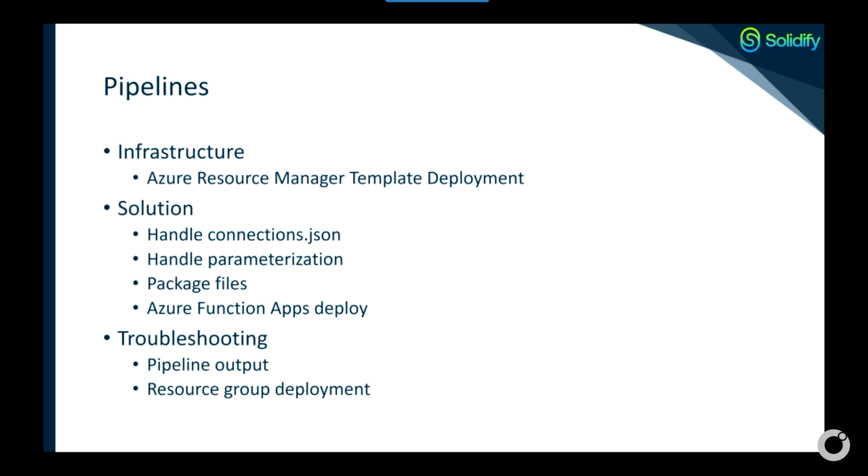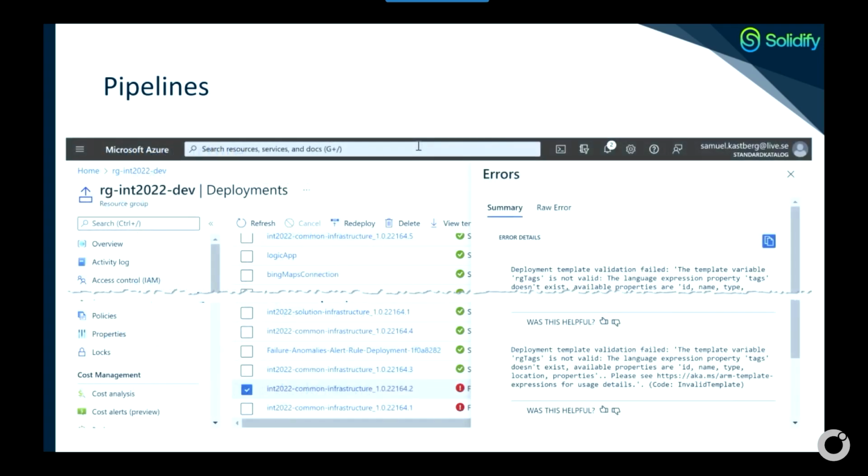So what you should do in most of those cases is actually go to the resource group where you have done the deployment to, and there you have information telling you a lot more about what actually happened. So in this case, you see that I had some validation and I was trying to use some tags that didn't exist.